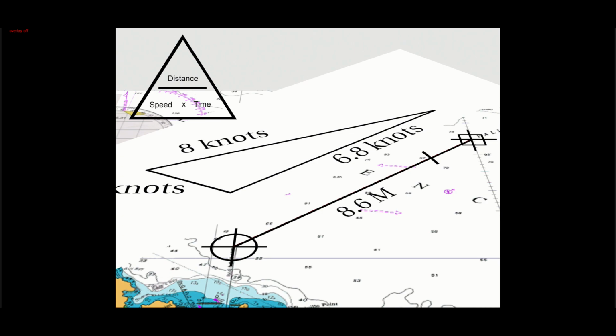Then we can rearrange that, so time equals distance divided by speed, so we're all aware with that, and that gives us a distance divided by a speed, so 8.6 miles divided by 6.8 knots, and that gives us 76 minutes. But if it gives us 76 minutes, we should go in and do another triangle, shouldn't we?